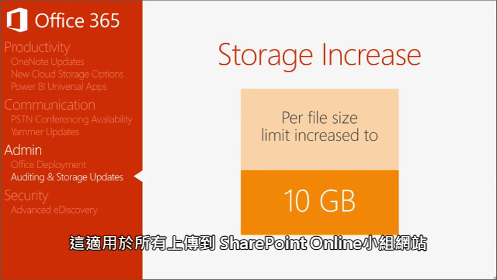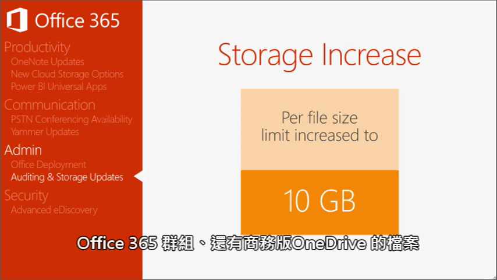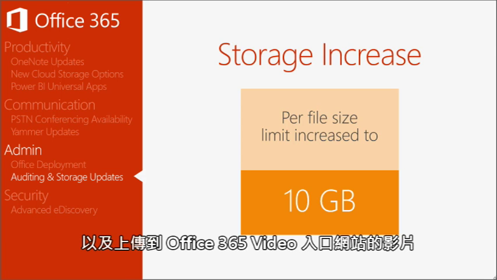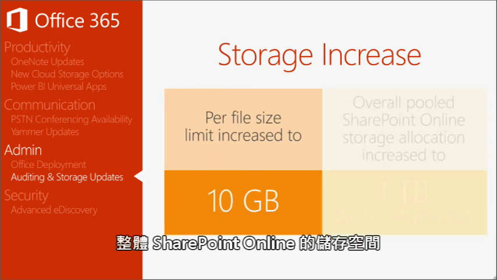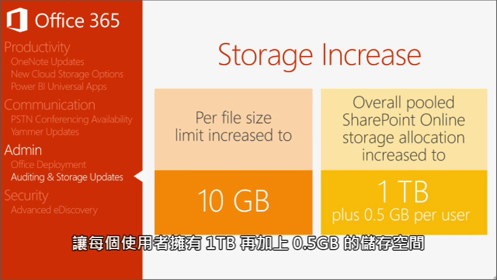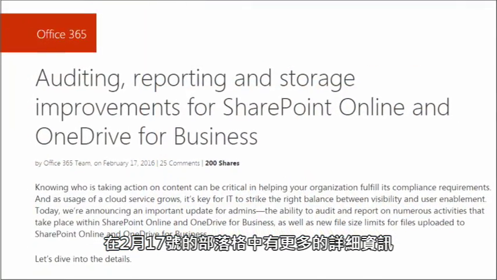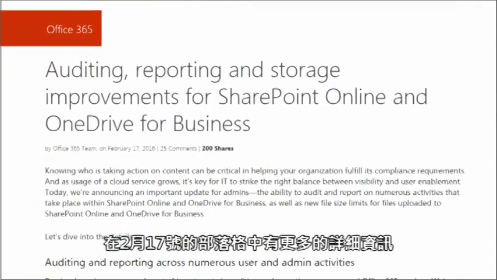This applies to files uploaded to SharePoint Online team sites, Office 365 groups, and OneDrive for Business, as well as for videos uploaded to the Office 365 video portal. Microsoft is also increasing the overall pooled SharePoint Online storage allocation to 1 terabyte plus half a gigabyte per user. There are lots of additional details in the February 17th blog post. Be sure to check it out.